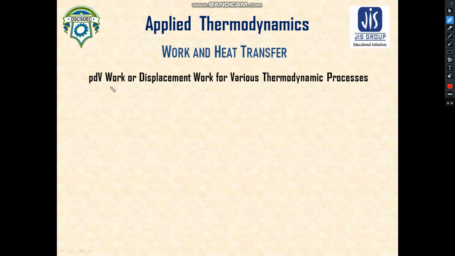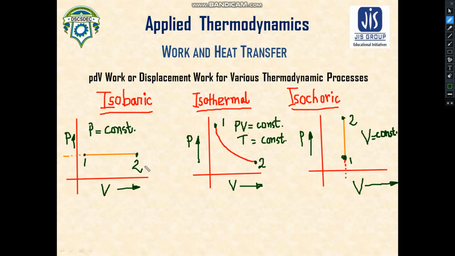Okay, so let us take the example of the isobaric process. As you can see, I have drawn the graphs for three different thermodynamic processes. This is the isobaric process, which refers to the constant pressure process.